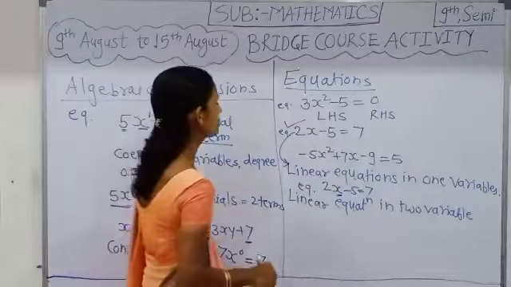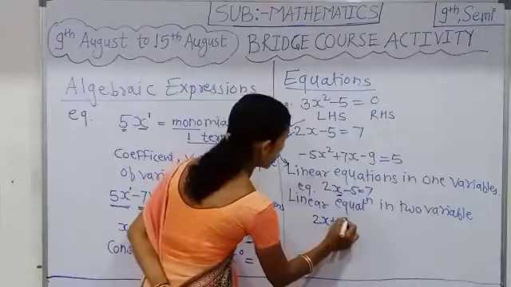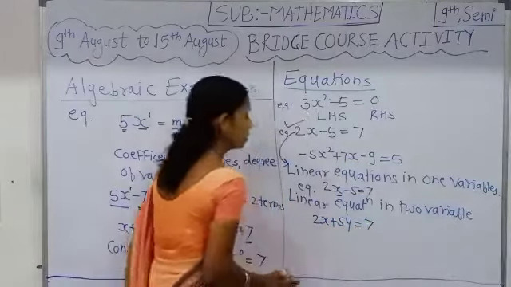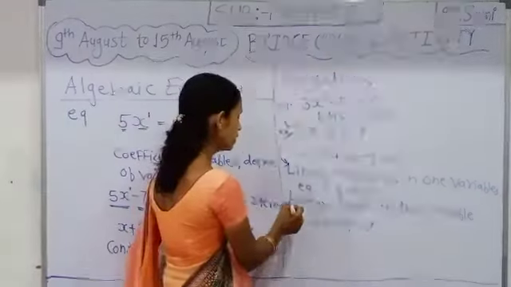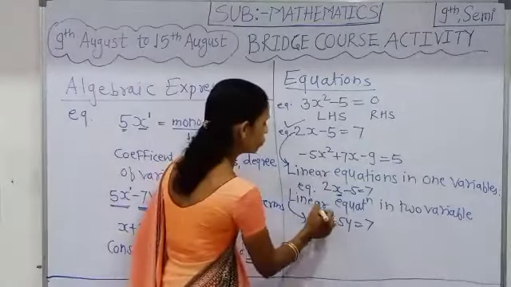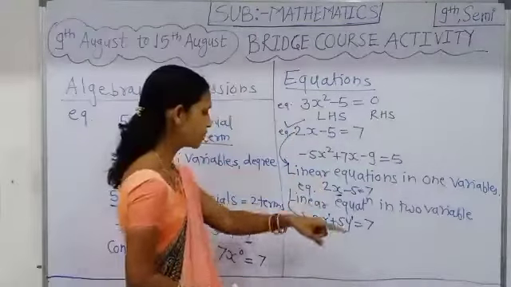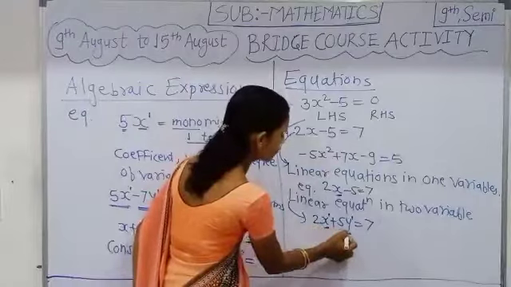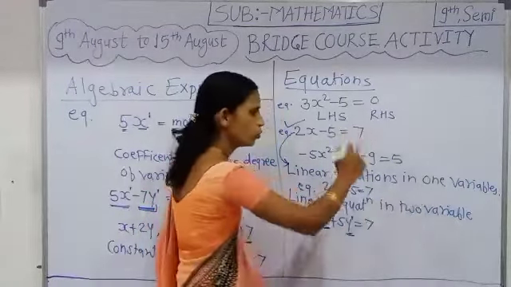But 2x plus 5y is equal to 7 is an example of a linear equation in two variables, because the degree of those variables is 1, therefore it is a linear equation. But here two different variables are used, x and y, therefore it is a linear equation in two variables.